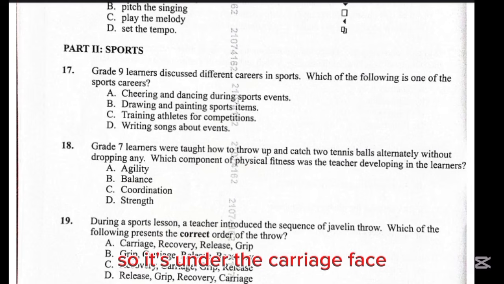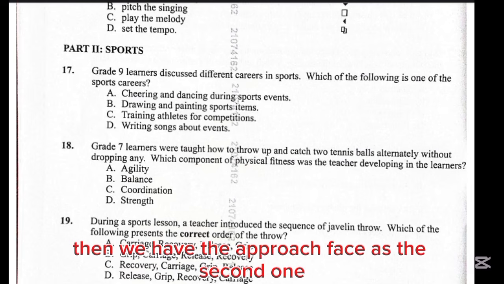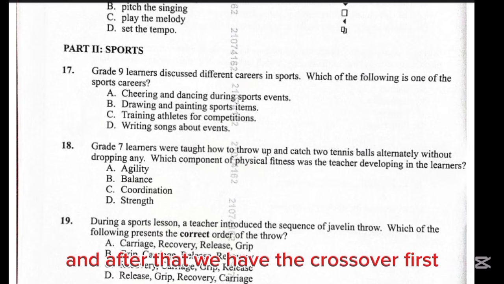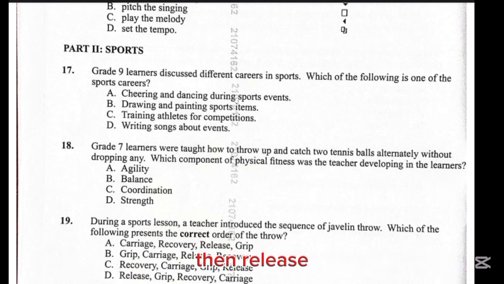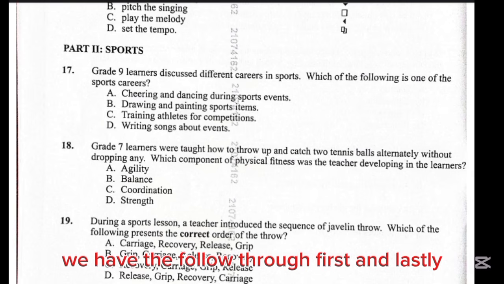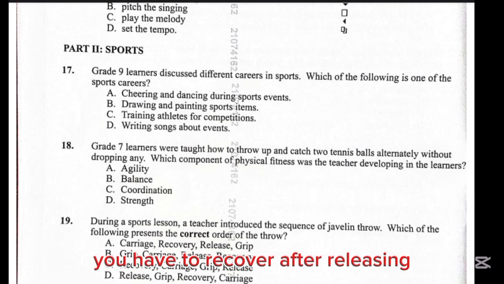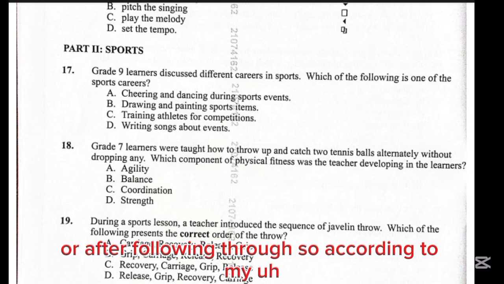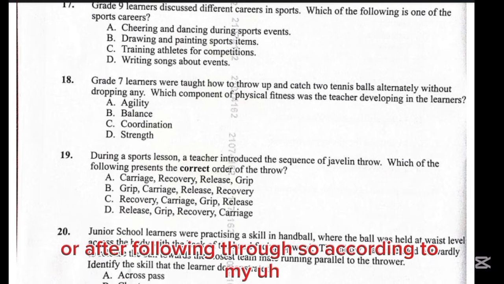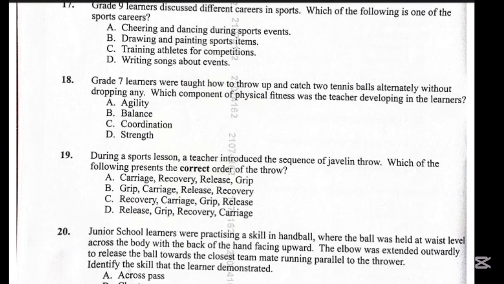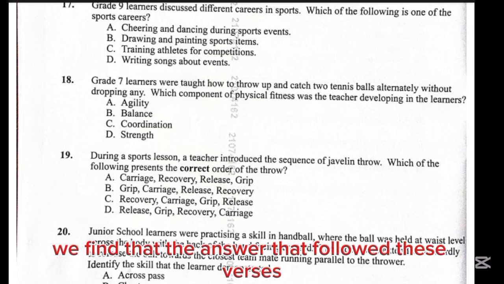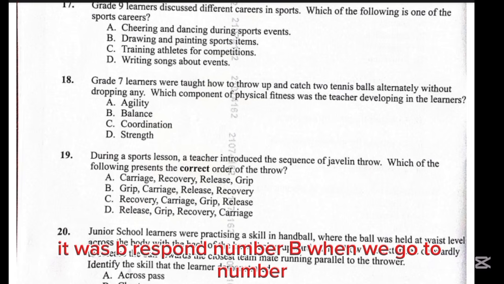So it's under the carriage phase. Then we have the approach phase as the second one. After that, the crossover phase, then release, then the follow through phase, and lastly you have to recover after releasing or following through. According to my explanation here, the answer that followed these phases was B.